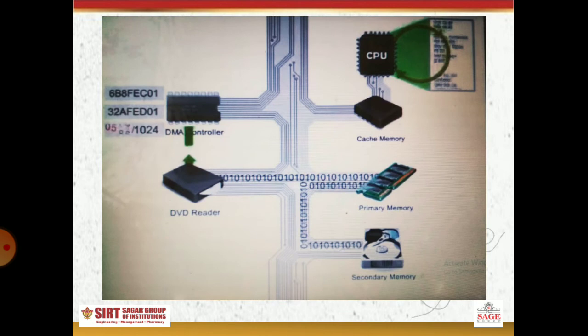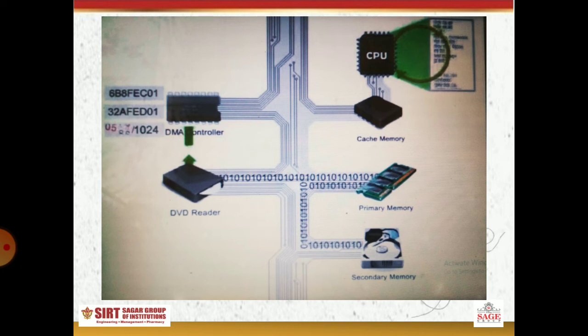This mechanism of stealing the data bus from the CPU and using the data bus for the data transfer between the memory and input output devices is called cycle stealing. Once the DMA controller gets control over the data bus, it reads the device, that is the DVD reader, for the total number of bytes to input.